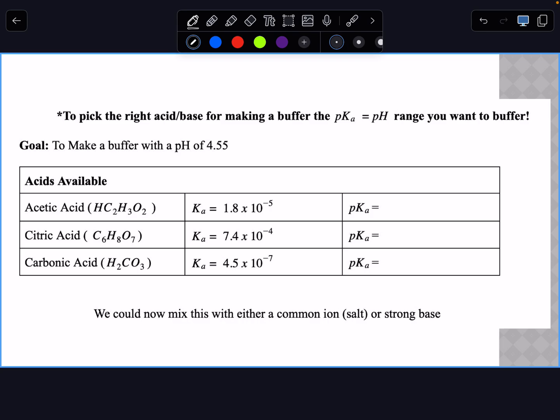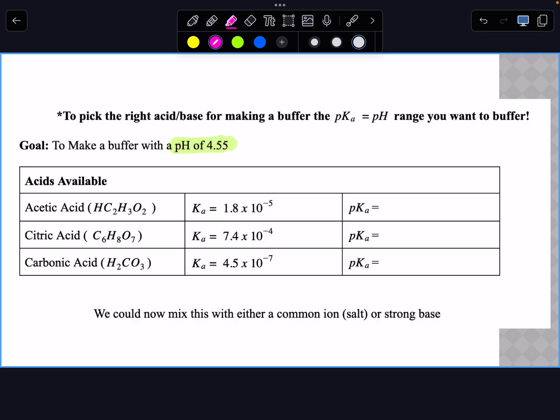Okay, now we talked about how to make a buffer. Now, if you are looking to create a buffer of a specific range, this says we want to make a buffer with a pH of 4.55. These are our acids available to pick from. We would then add a corresponding salt or strong base, and we want to know which one is going to be the best choice. So this is a key thing to highlight here, everybody.